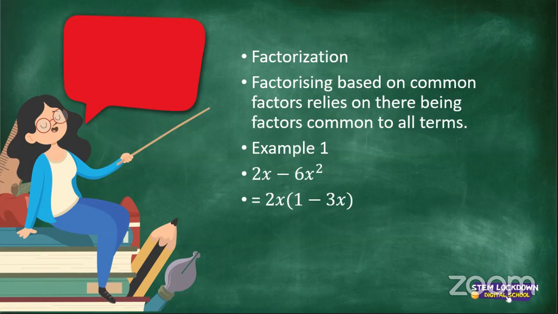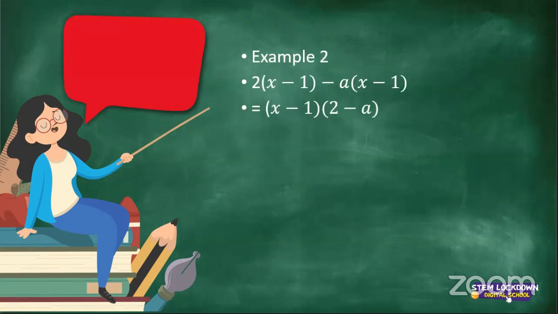Secondly, in example 2, as you have just seen, we have 2 open bracket x minus 1, and then minus a into x minus 1. Once you take out x minus 1, you'll be left with 2 minus a. And that will be your factorization.